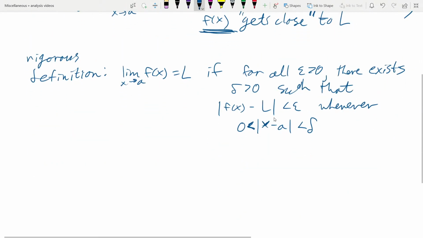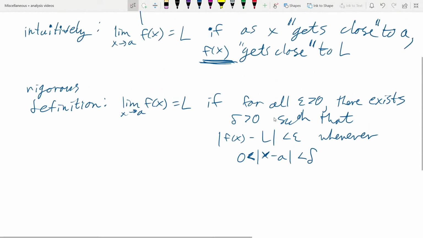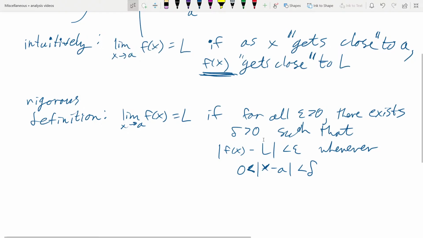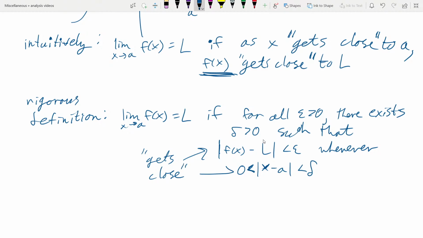The other thing too: epsilon is this error for f of x which I was talking about, and the statement "gets close" for each of these variables is conveyed by these two inequalities. The closeness of f of x to L is determined by epsilon, and the closeness of x to a is determined by delta.